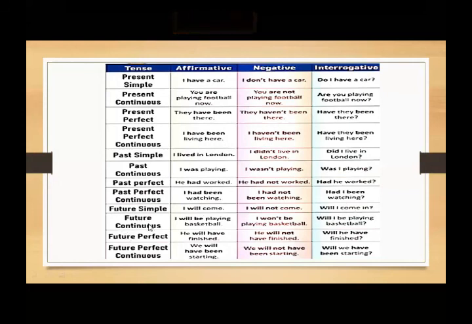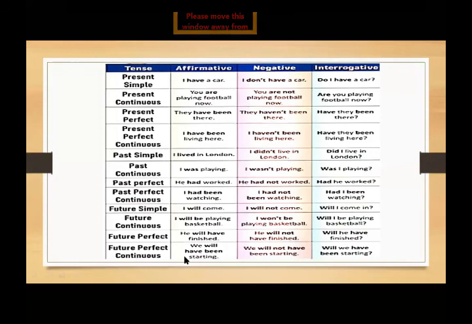Then future continuous: I will be playing basketball. Negative: I won't be, meaning I will not be playing basketball. Interrogative: Will I be playing basketball? The future perfect: He will have finished. He will not have finished. Will he have finished?